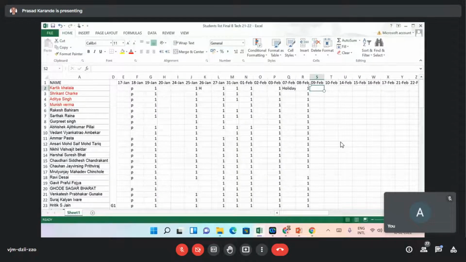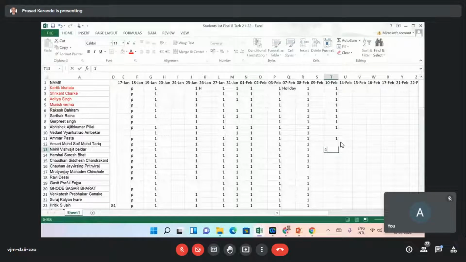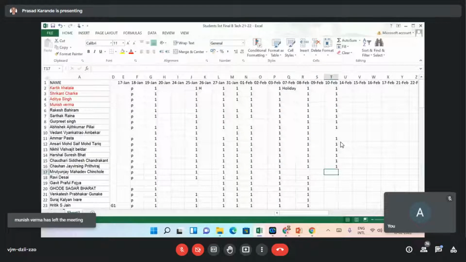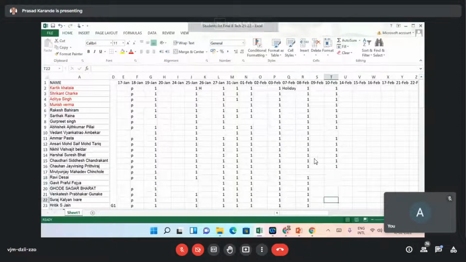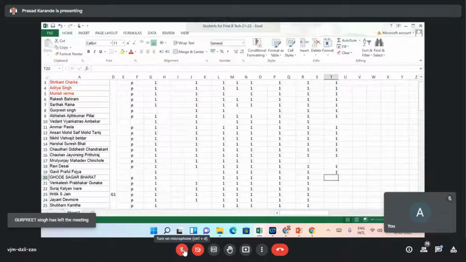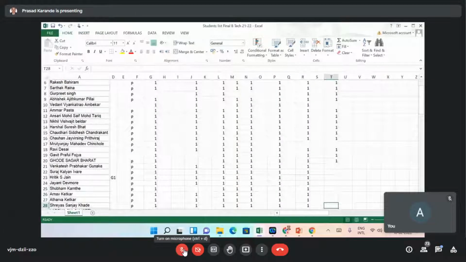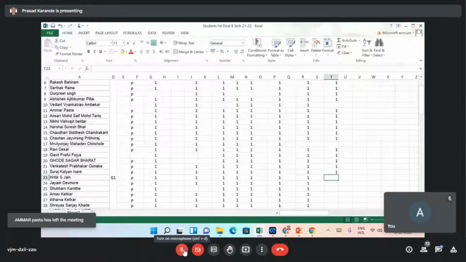Okay, Karthik. Present, sir. Shrikant. Yes, sir. Aditya. Yes, sir. Manish. Yes, sir. Rakesh. Present, sir. Sarthak. Yes, sir. Gurpreet. Yes, sir. Abhishek. Yes, sir. Amar. Yes, sir. Mohammad Ansari. Yes, sir. Nikhil. Yes, sir. Harshal. Yes, sir. Siddesh. Yes, sir. Ravi. Present, sir. Sagar. Yes, sir. Suraj. Yes, sir. Jayant. Yes, sir. Arnav.